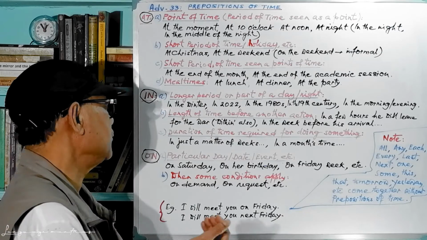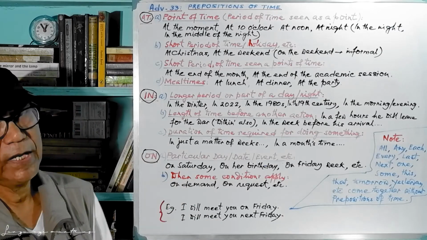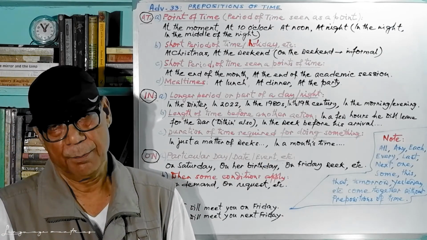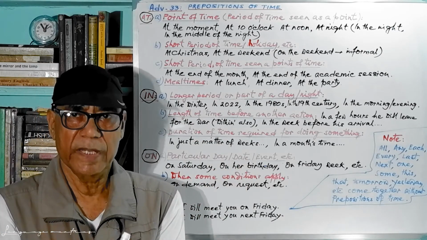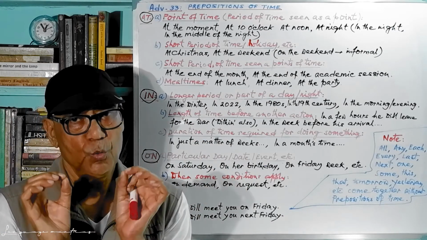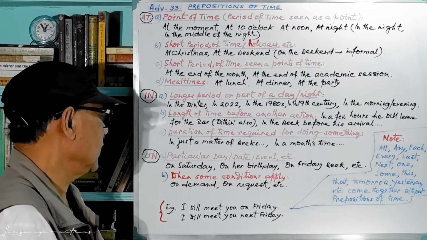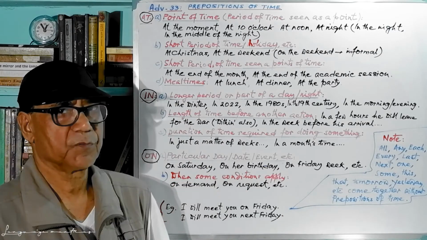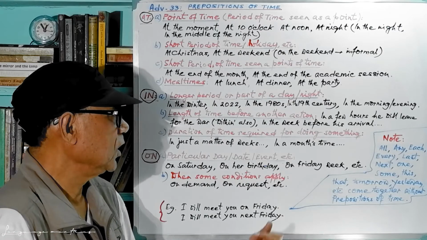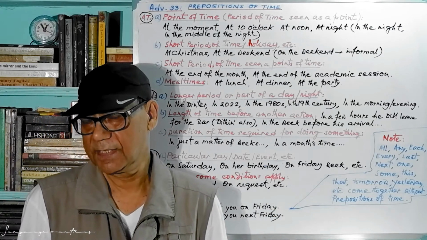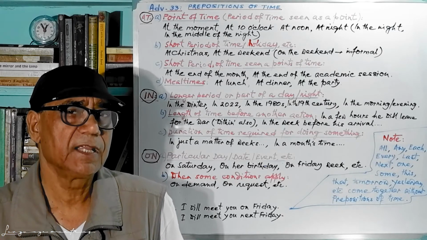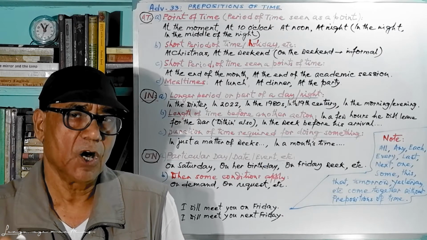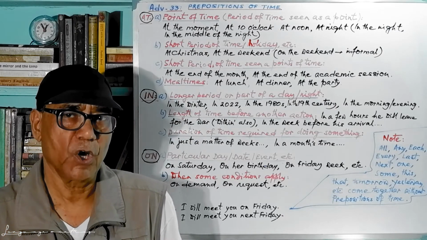Okay, now come to on. On is that way very simple. Particular day, particular date, particular event. You use on. How? On Saturday, on her birthday, on Friday week. On Friday week is slightly different in meaning. It means on Friday next week, not this week.